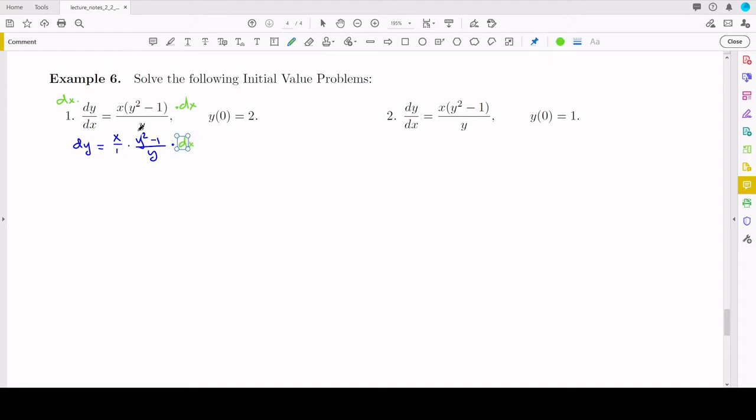We want to get rid of this factor here, y squared minus 1 over y. We want that with the dy. So we're going to multiply by the reciprocal of that fraction.